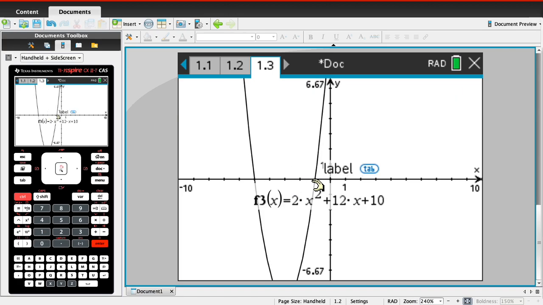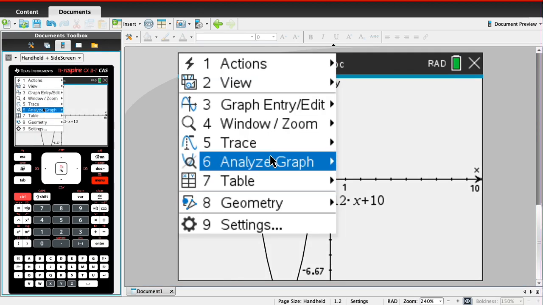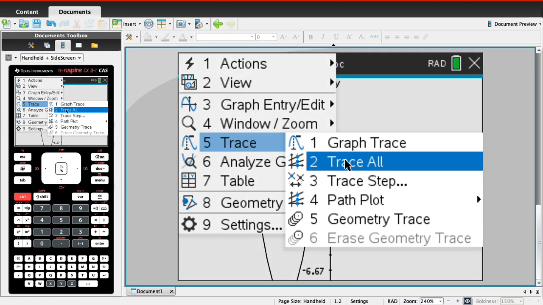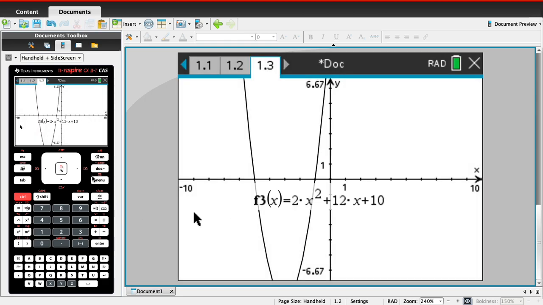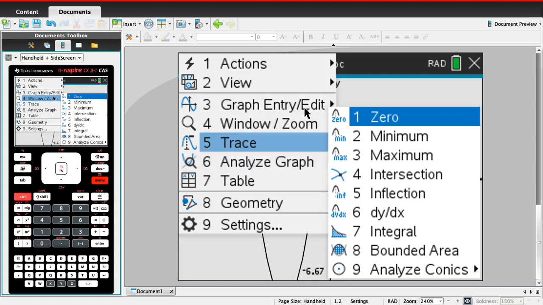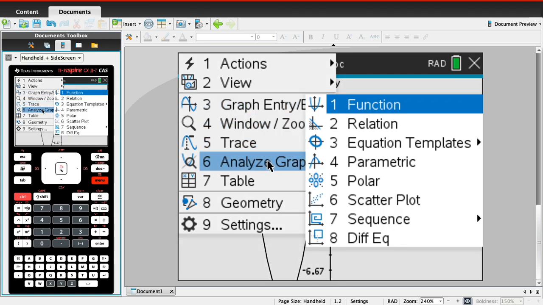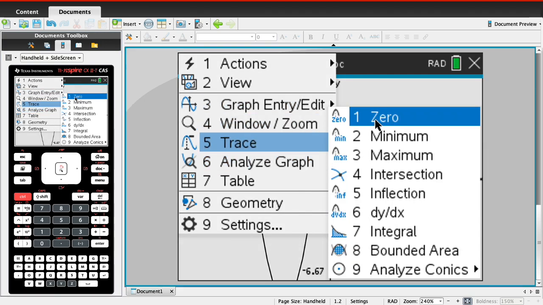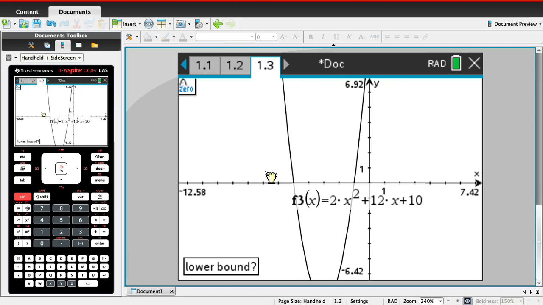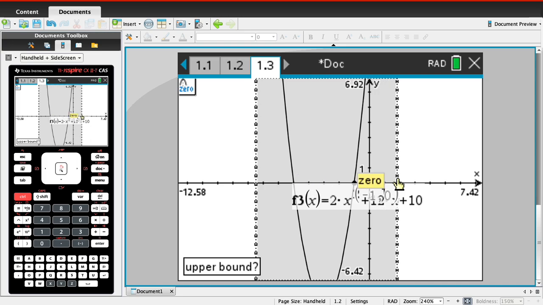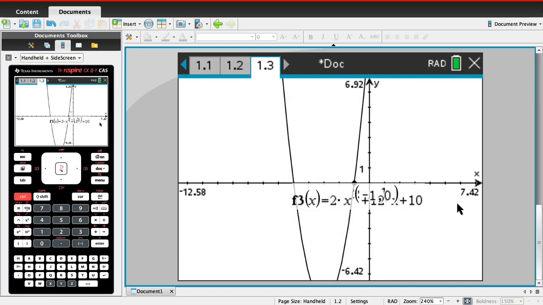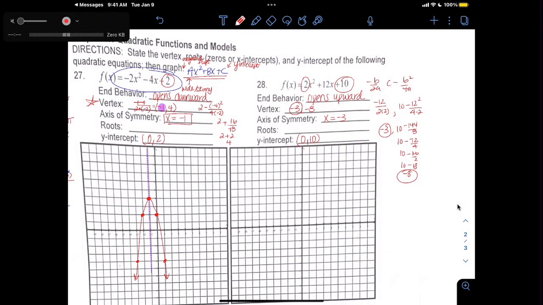And I notice that it does have x values that are whole numbers. So let's trace them. Let's see. So I do have a 0, negative 5, and negative 1. Okay. So I know for sure that I can use either one of them.